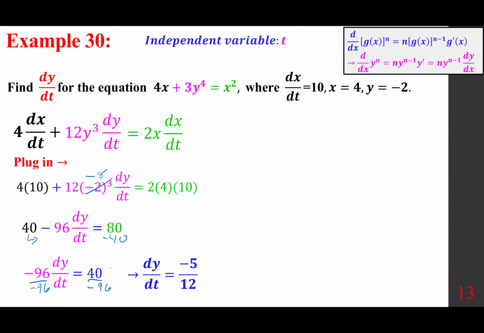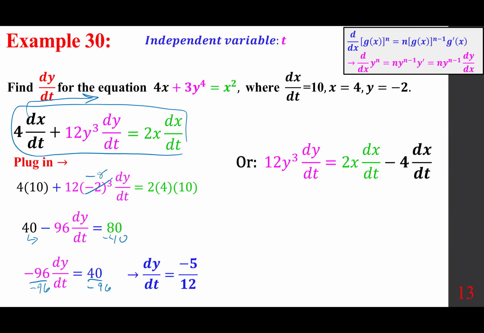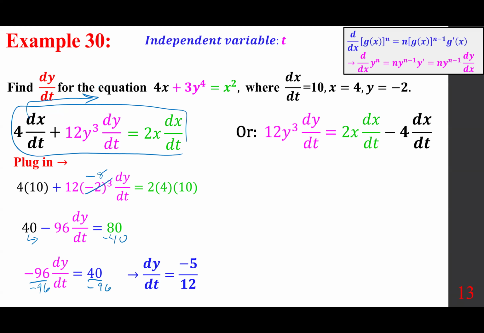However, and we are done. We're fine. However, what if we wanted to, right here, solve for dy dt? If we want to do that, then we have to move this one and make it negative on the right side, and divide the right side by 12y cubed.